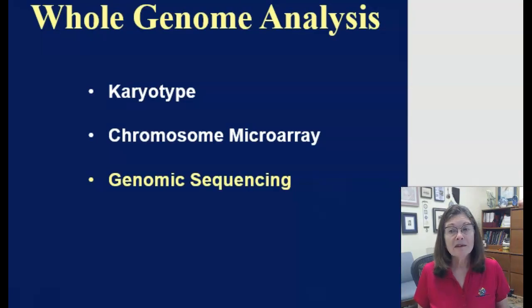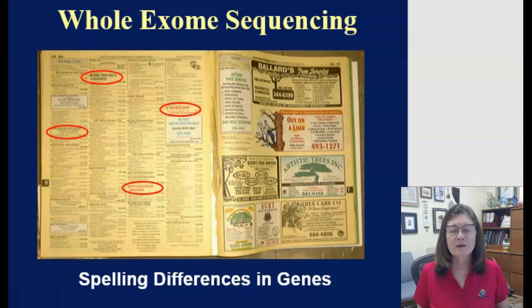So moving on then to genomic sequencing. There's two types of genomic sequencing. One is called whole exome sequencing. And so it's all the exomes, or really, it's another word for genes, all the genes in the human genome. But what this technology does, it doesn't just measure copy number, it tells you spelling differences.